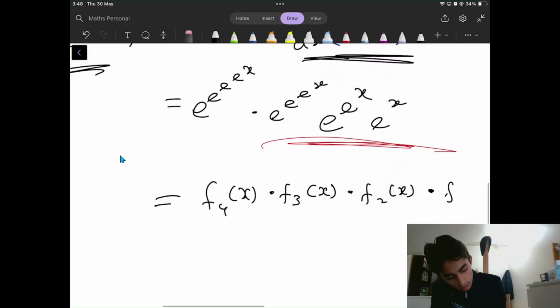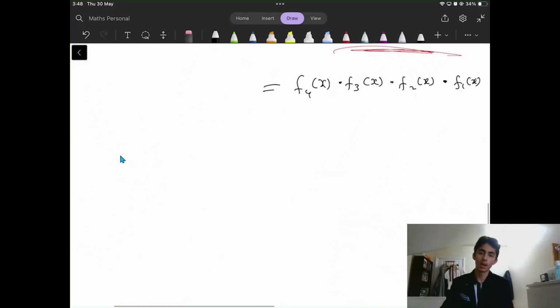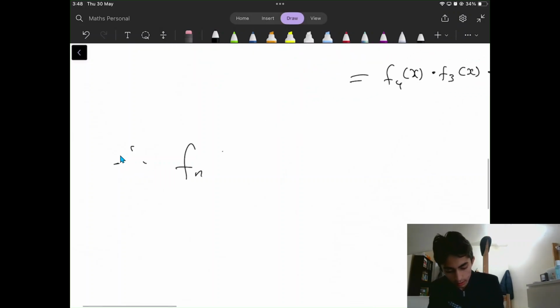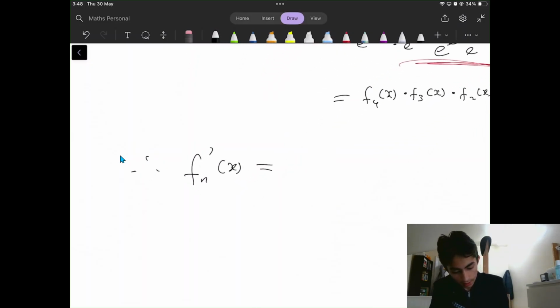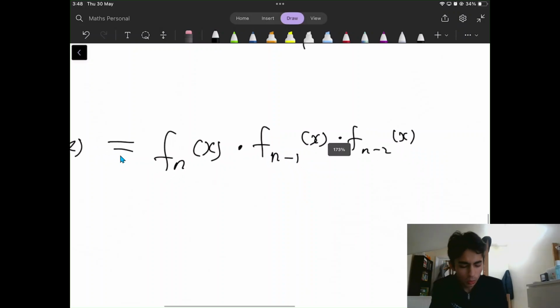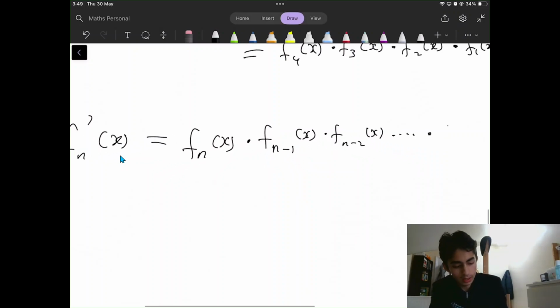Okay? So we can just generalize this for all natural n values. Therefore, we can say that the derivative of f_n(x) is equal to f_n(x) multiplied by f_{n-1}(x) multiplied by f_{n-2}(x), all the way down to when we reach f1(x), right?